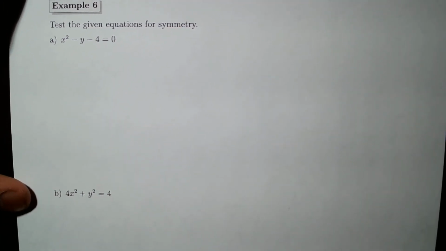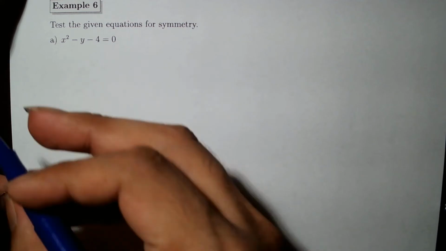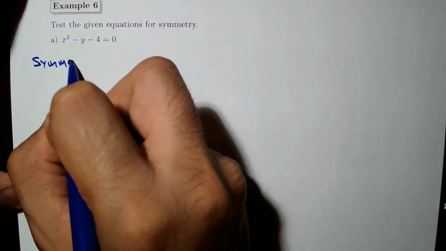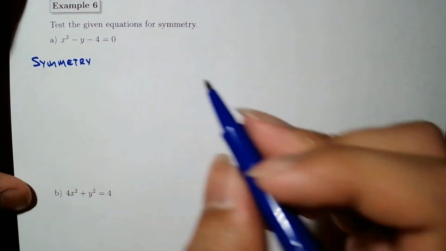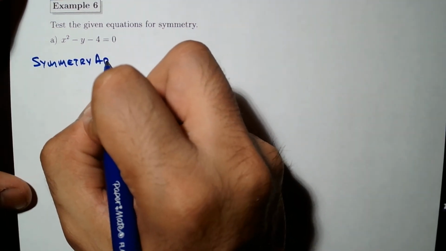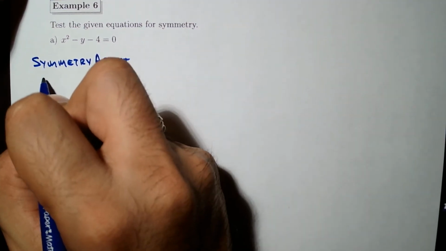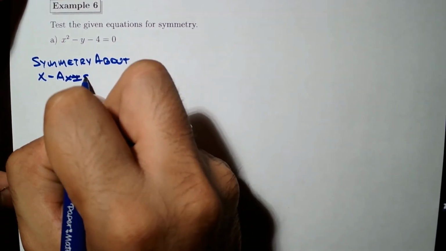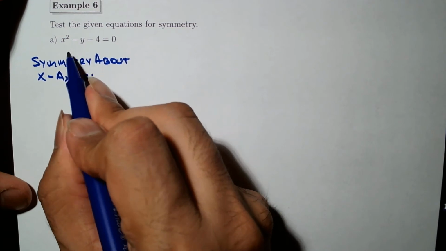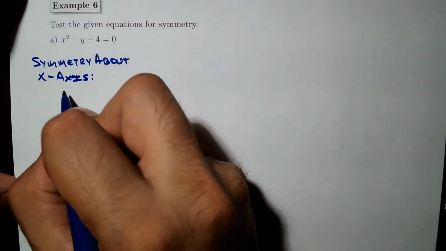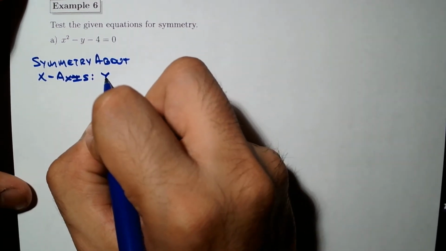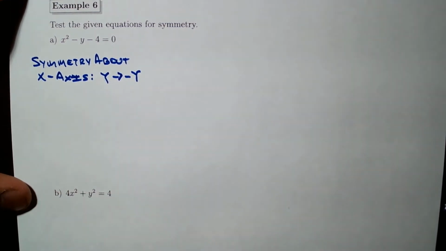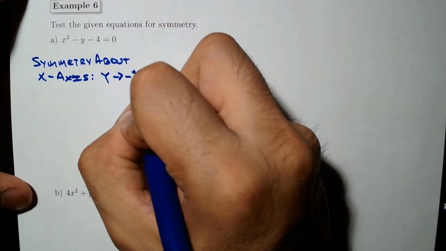For symmetry about the x-axis, we change the sign, replace y with negative y.